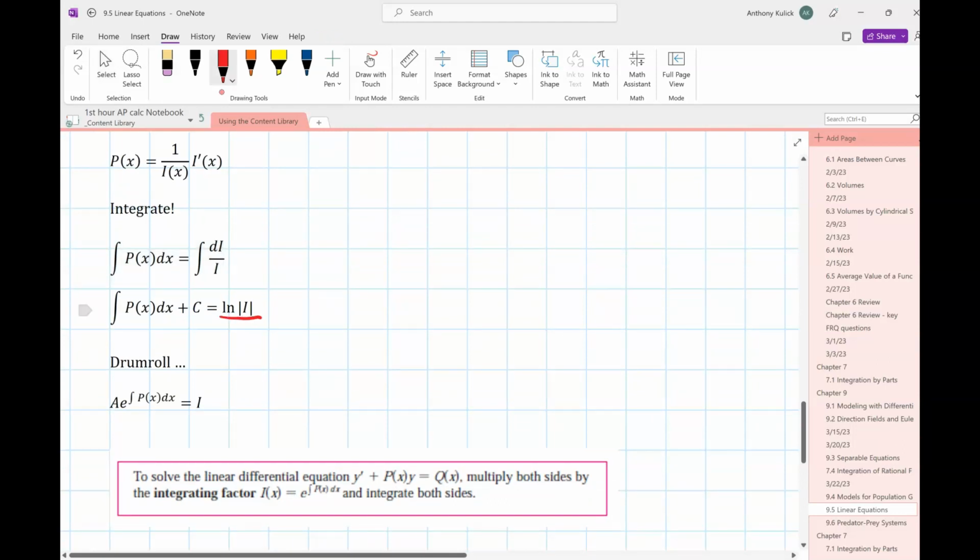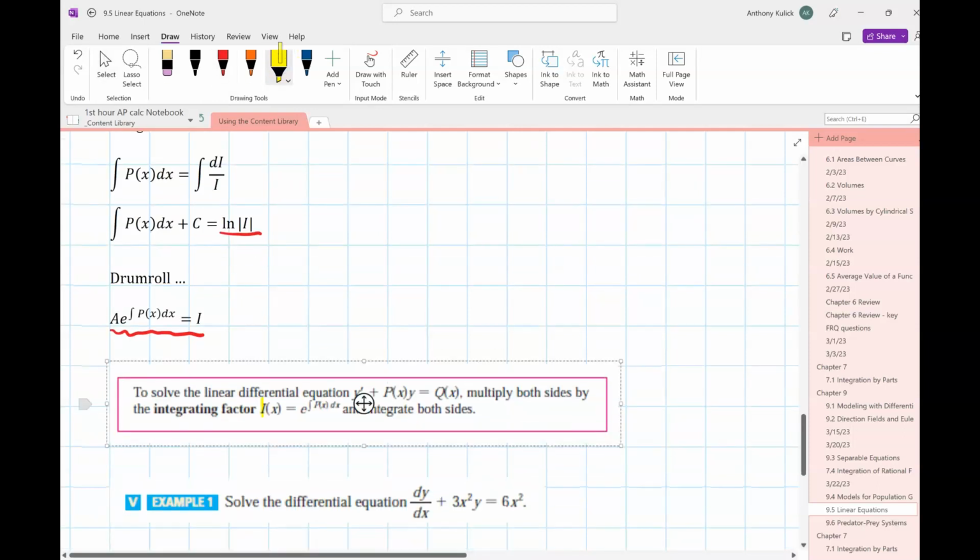That integral of p of x dx is the natural log of I, excuse me. So drum roll here. I is going to be some constant times e to the integral of p of x dx.